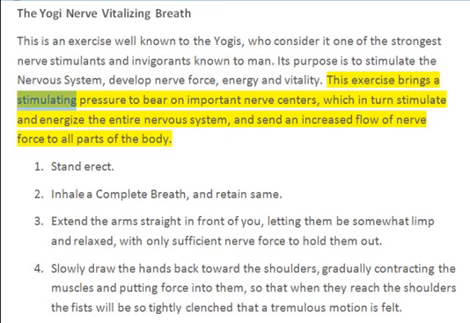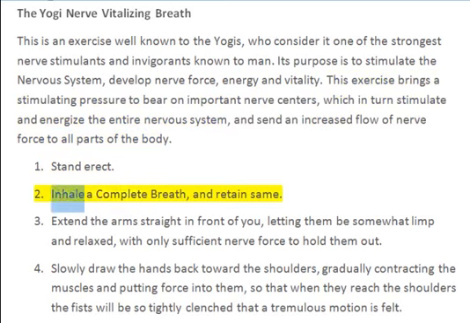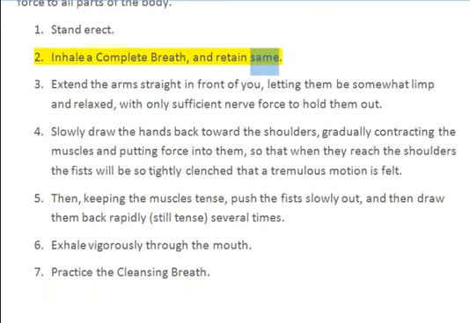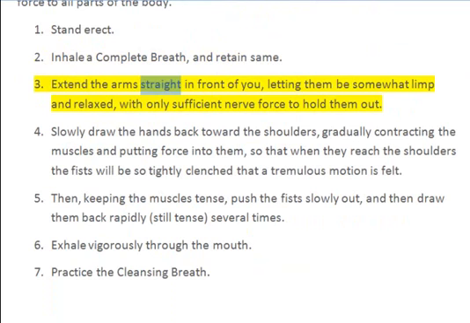This exercise brings a stimulating pressure to bear on important nerve centers, which in turn stimulate and energize the entire nervous system, and send an increased flow of nerve force to all parts of the body. Stand erect. Inhale a complete breath, and retain same. Extend the arms straight in front of you, letting them be somewhat limp and relaxed, with only sufficient nerve force to hold them out.